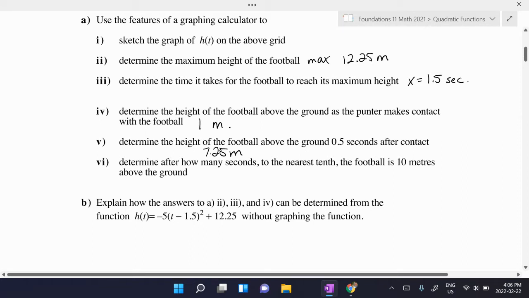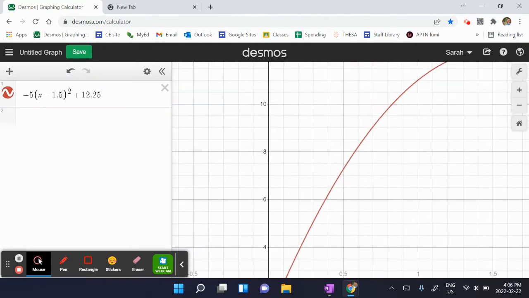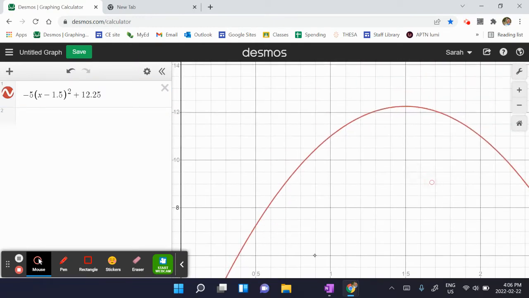Determine after how many seconds, to the nearest tenth, the football is 10 meters above the ground. So this is when your y is equal to 10.